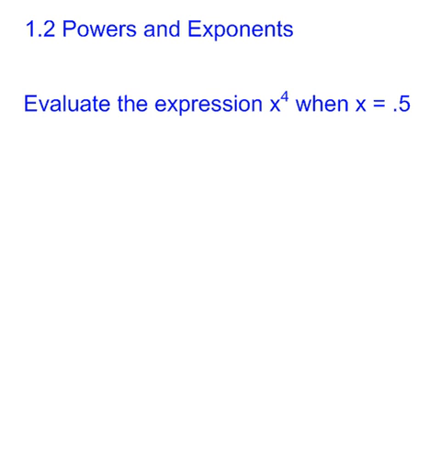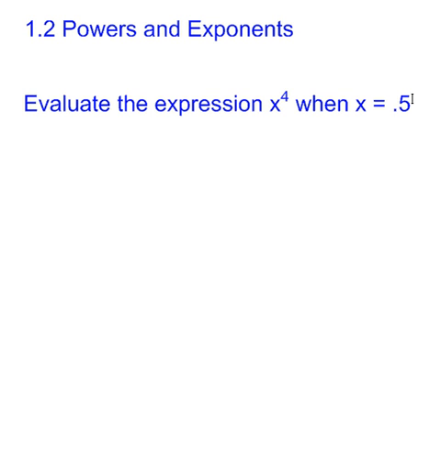On this next example, we're looking at evaluate the expression for x to the fourth power when x is equal to 0.5, or a half. So what we need to first do is think to ourselves that x to the fourth would mean x times x times x times x.